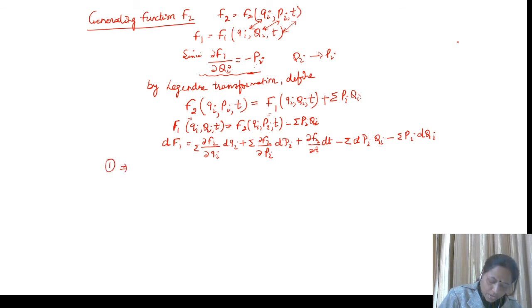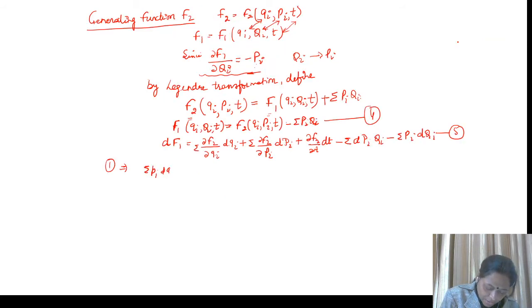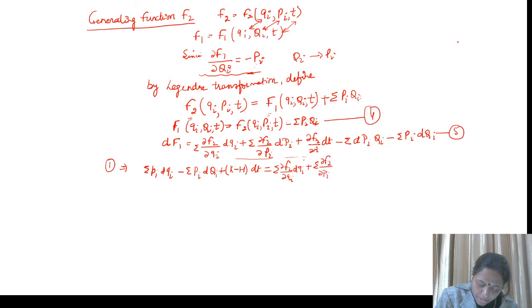So 1 implies, first of all you have defined this one, so it is 4, and use this 5. 1 implies, I'll put the value of df1 in this one: sigma pi dqi minus sigma capital Pi dQi plus (K minus H) dt is equal to this total right hand side: sigma delta f2 by delta qi dqi, sigma delta f2 by delta Pi dPi, delta f2 by delta t dt, minus dPi Qi, minus Pi dQi.